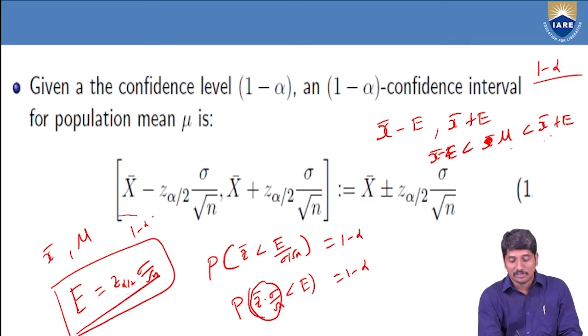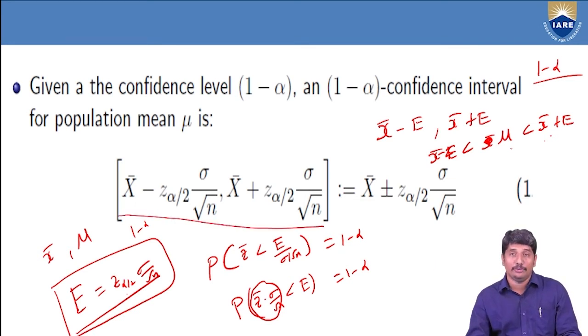And this interval is called the confidence interval of mu around x bar at 1 minus alpha level of confidence.